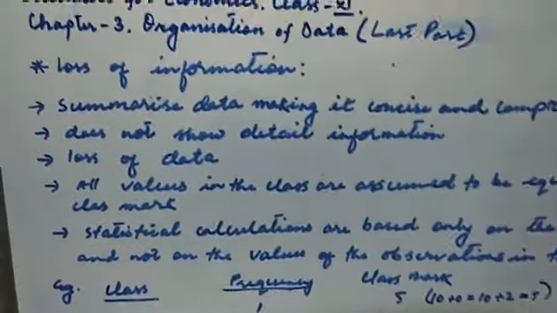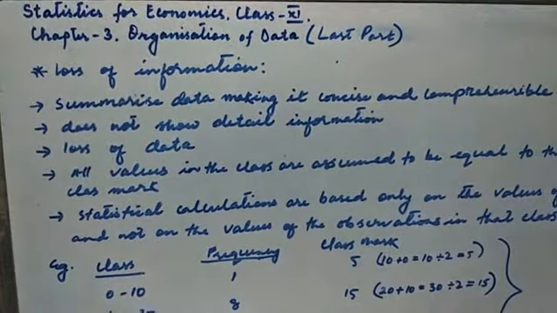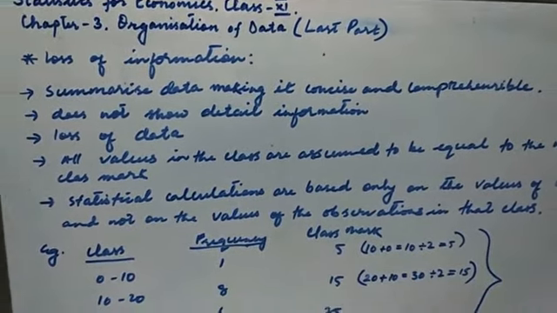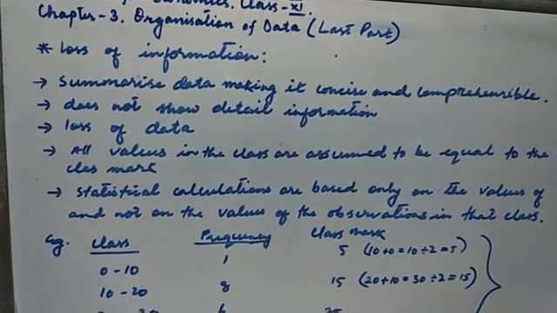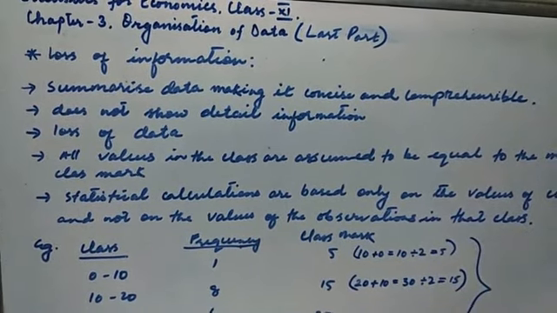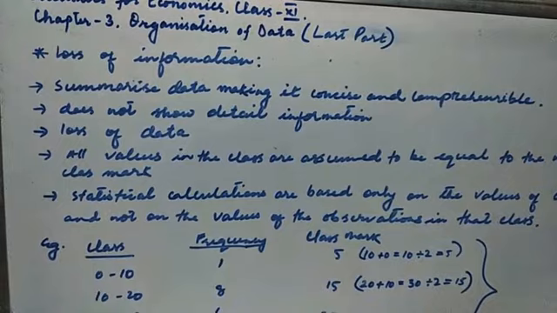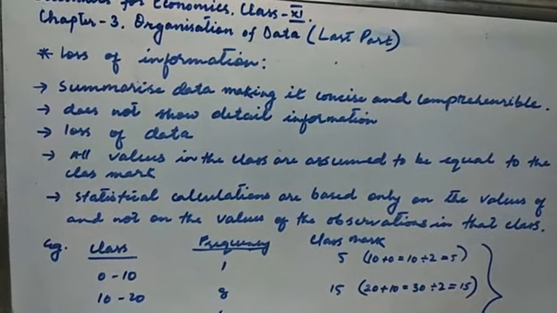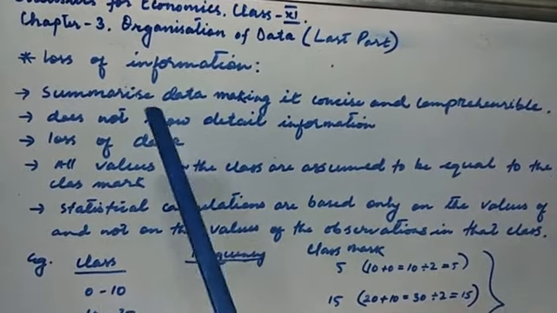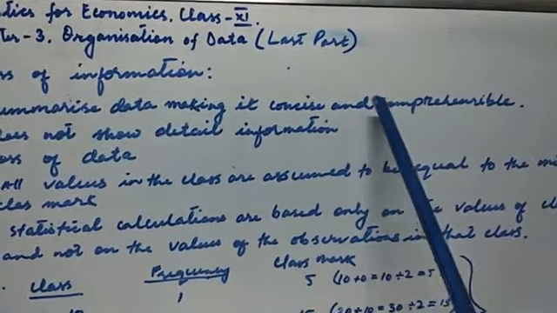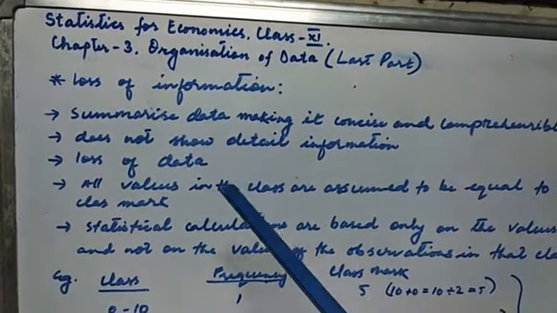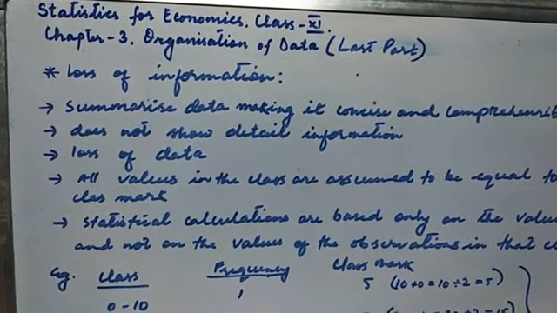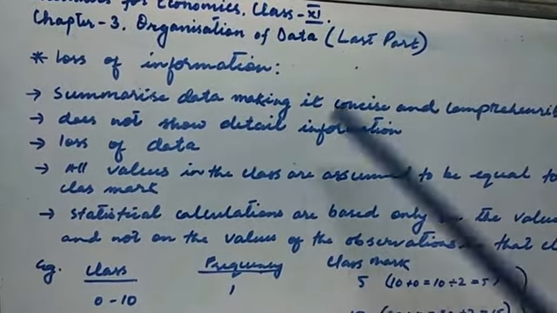What we are going to see now is the loss of information. When we summarize or make the raw data into frequencies and class marks, what happens behind this? We are losing information. While summarizing data and making it concise and comprehensible, we are not able to get the detailed information about the raw data.